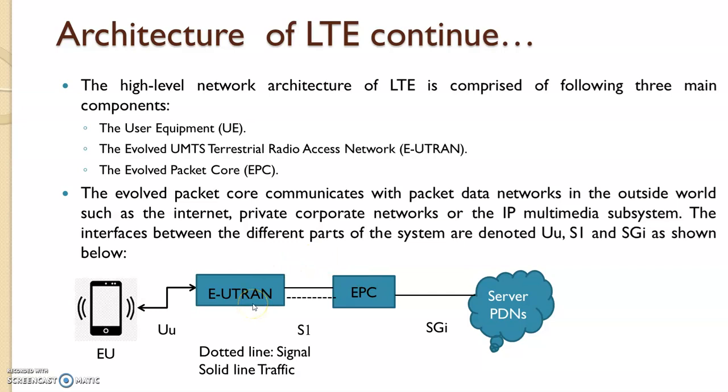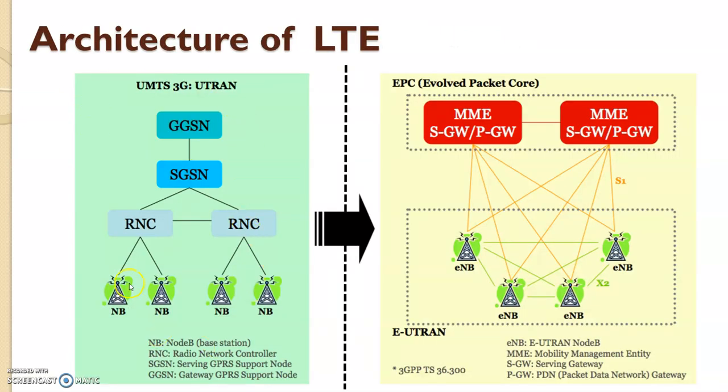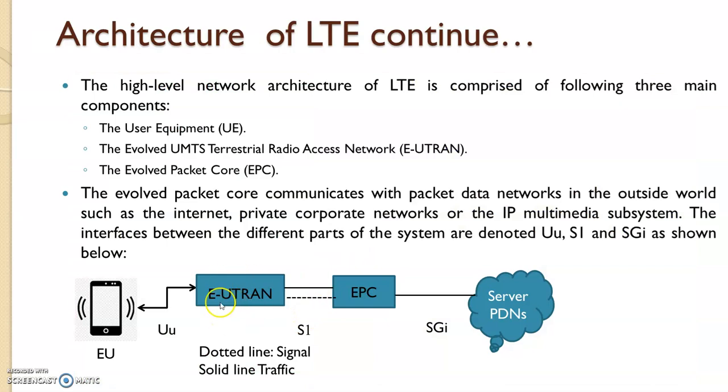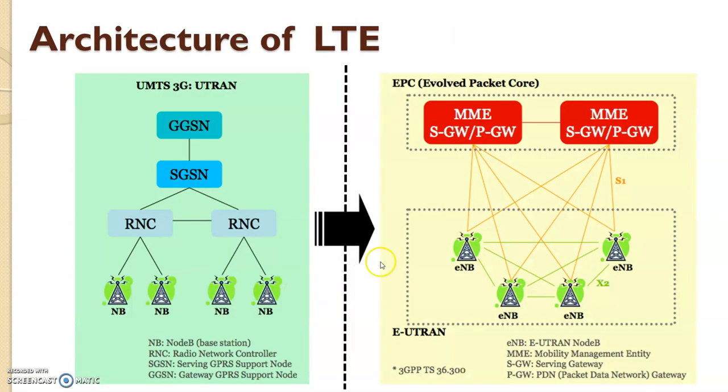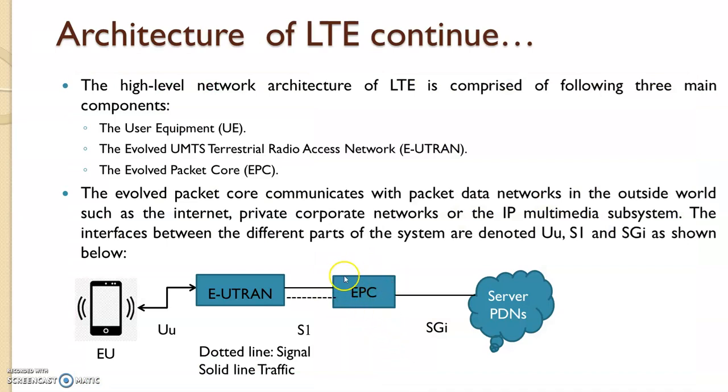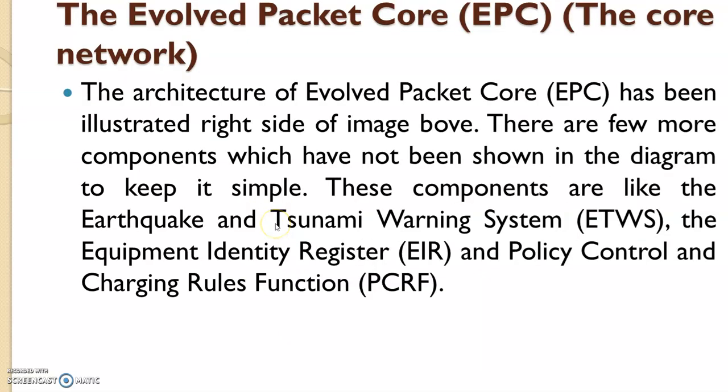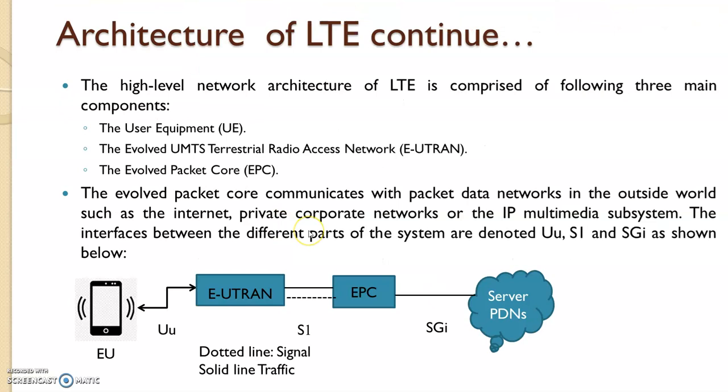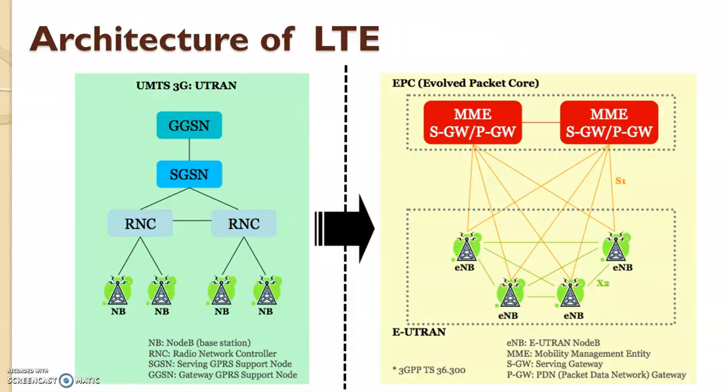As shown in the previous diagram, this is the first part, that is E-UTRAN, and this is EPC, the evolved packet core. Here the dotted line indicates the signal carrying line and the solid line indicates the traffic carried. So let us learn about this in more detail in comparison with the architecture.